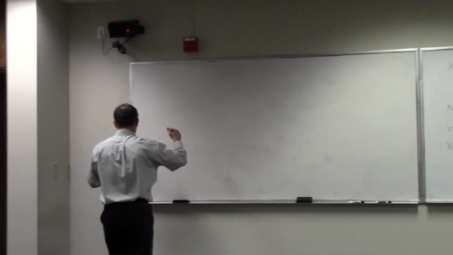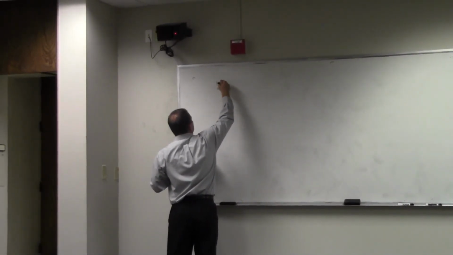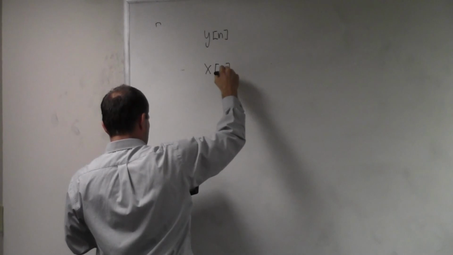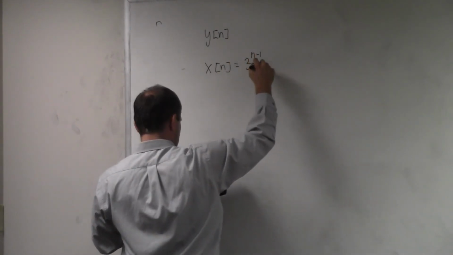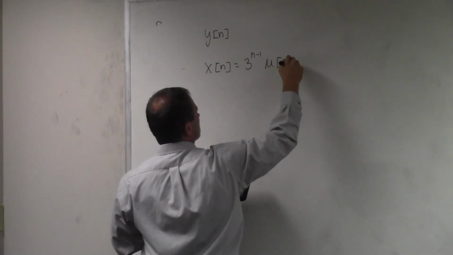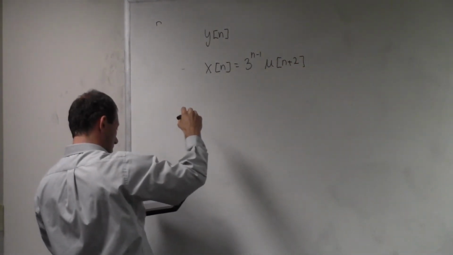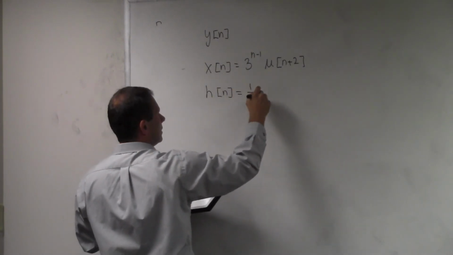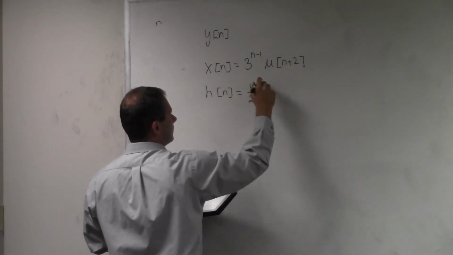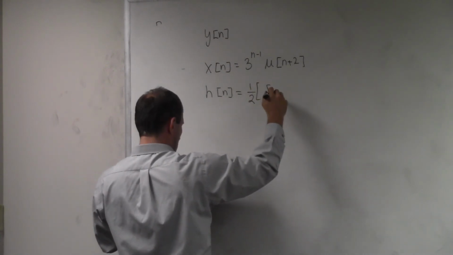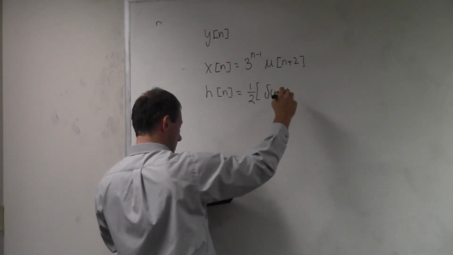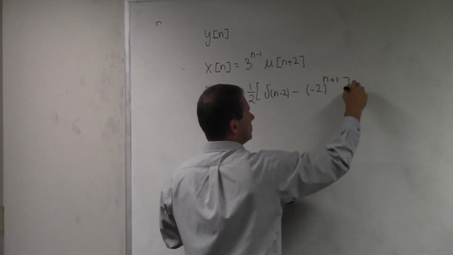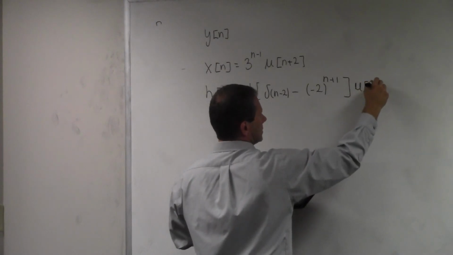It says find the zero state response, y of n, of the linear time invariant system when x of n is equal to 3 to the n minus 1 times u of n plus 2, and your h of n is given as 1/2 delta of n minus 2 minus 2 to the n plus 1 times u of n minus 3.